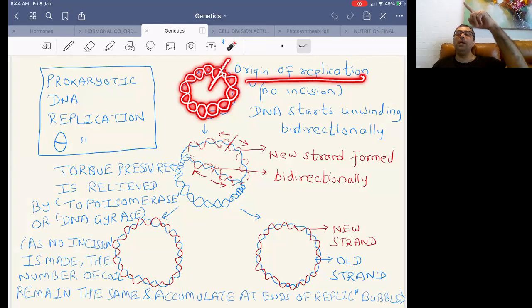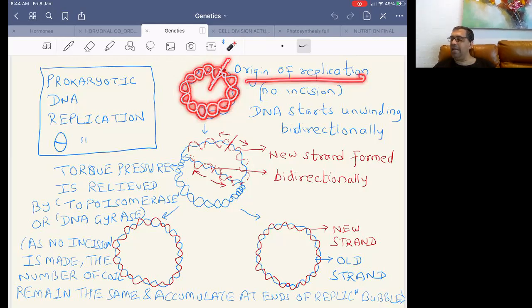At our multiple sites of origin of replication, an incision is made with the help of an incision enzyme, endonuclease, and will cut our DNA into multiple fragments.